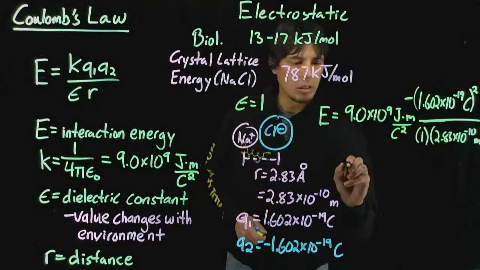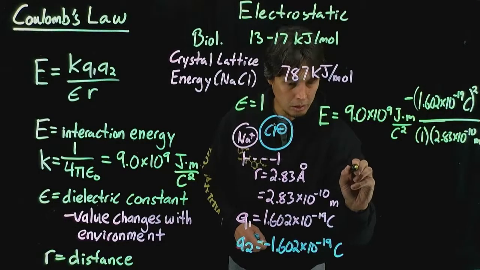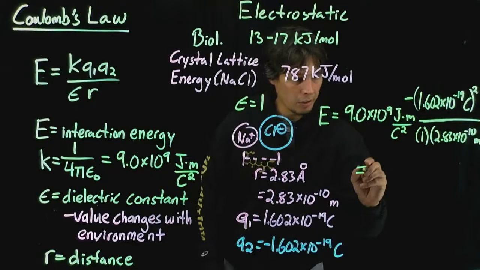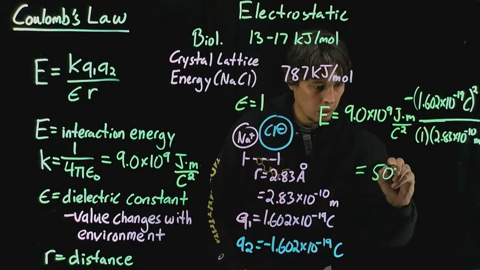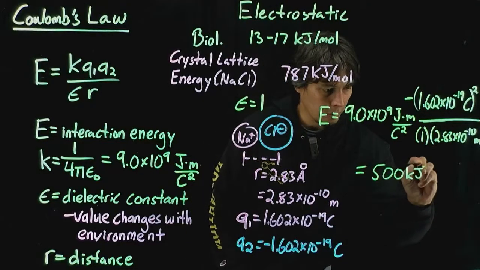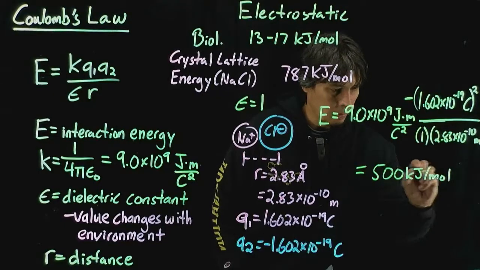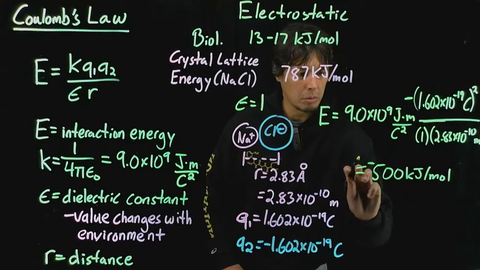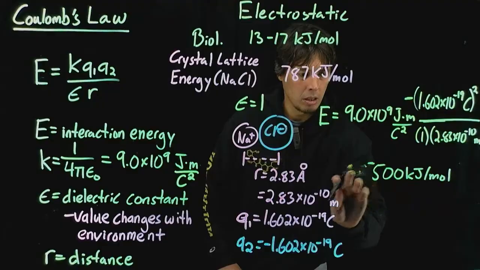Now, this all calculates out to about negative 500 kilojoules per mole.